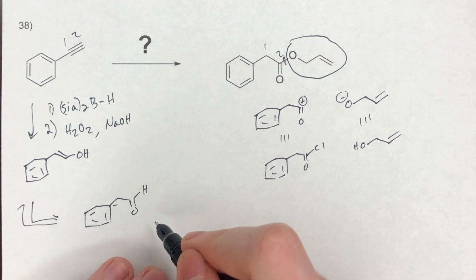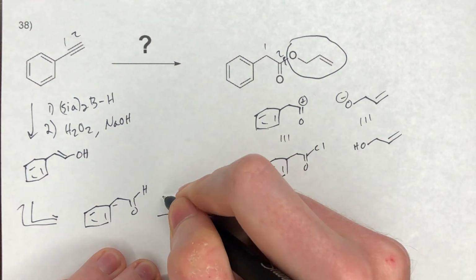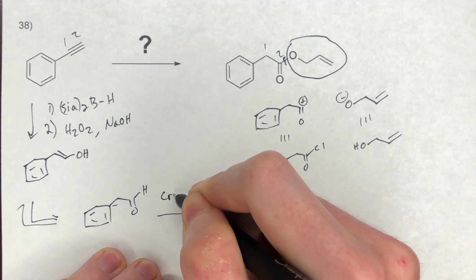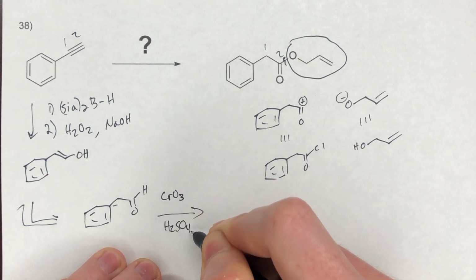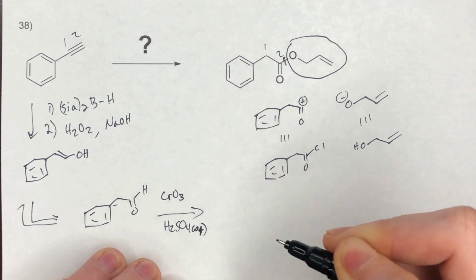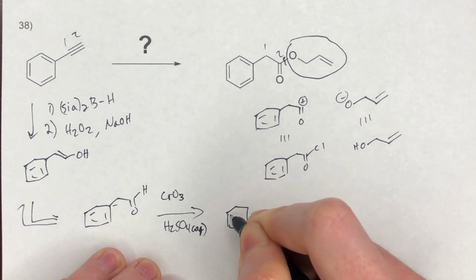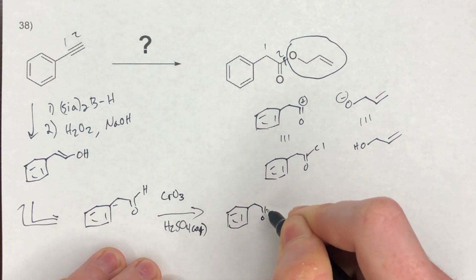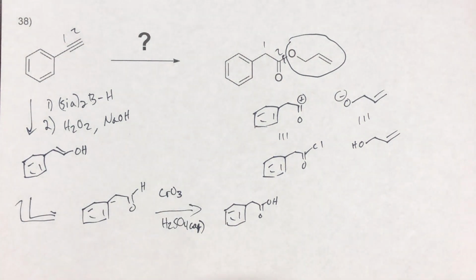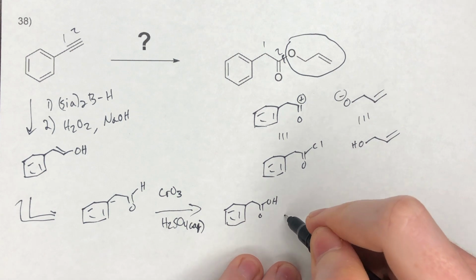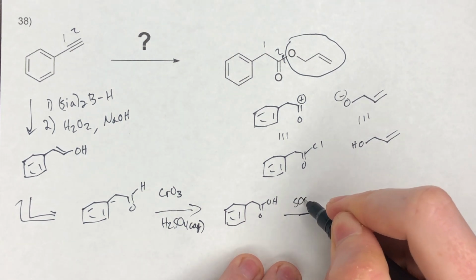So you need an oxidation like Jones. I'll just use a form of Jones, CrO3 and H2SO4 aqueous. That's going to make the carboxylic acid. And now we know that we can go directly to the acyl halide using SOCl2.